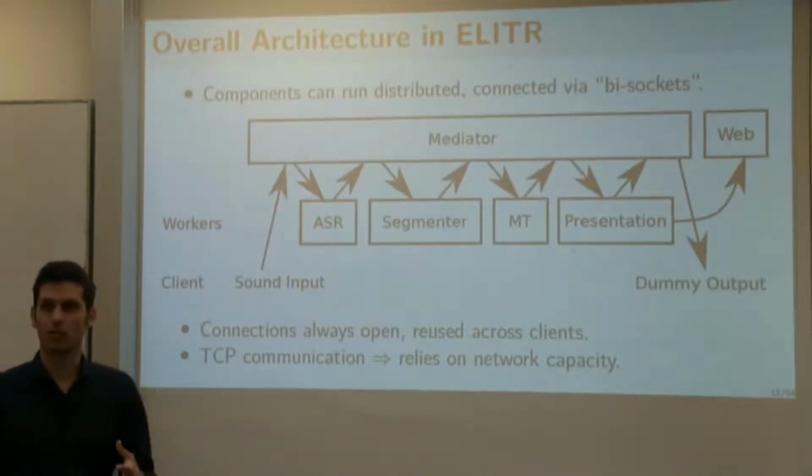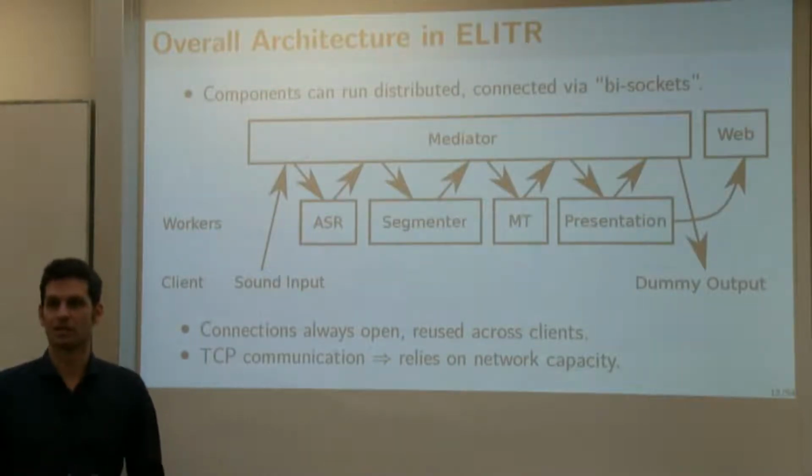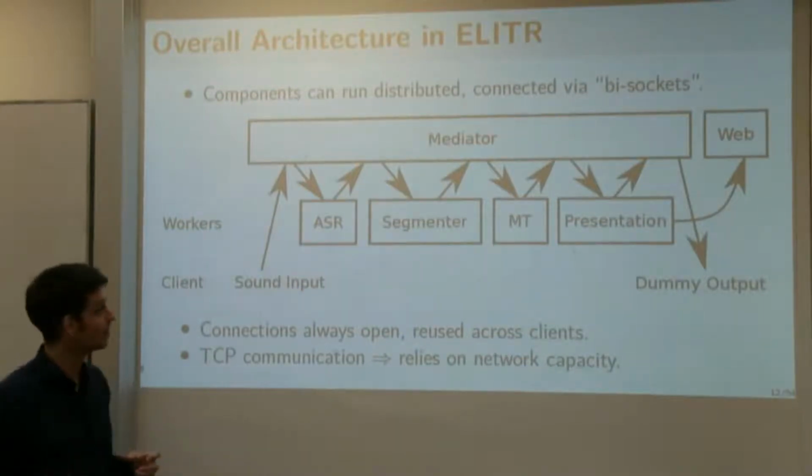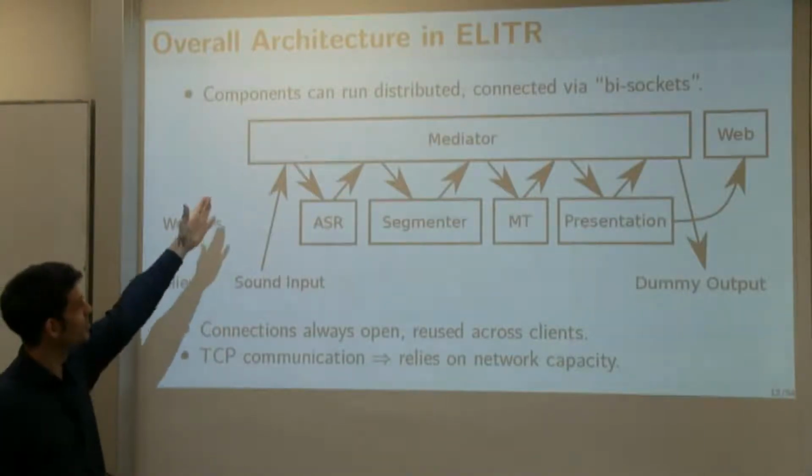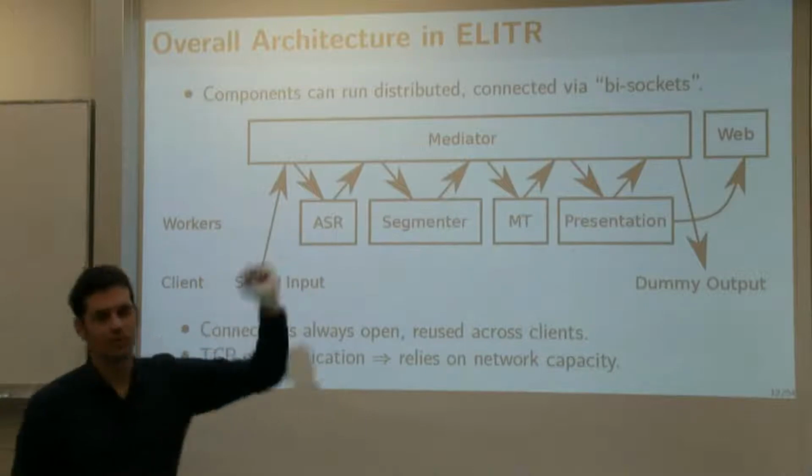So if we want to subtitle a session, we will start a client of this, and the client will gather the sound, ship it to the mediator and ask for the complete processing pipeline.